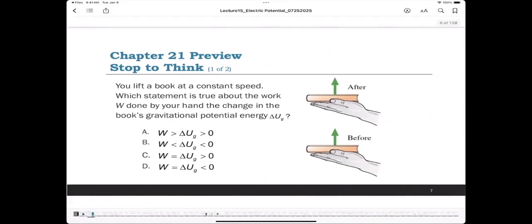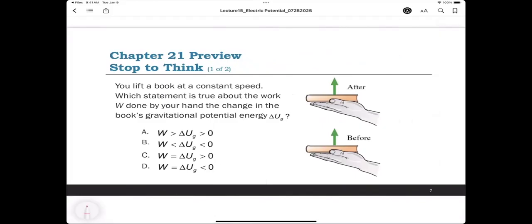Let's stop and think about this question. You lift a book at a constant speed. Pay attention, this is a constant speed, which means the net force is zero. Which statement is true about the work W done by your hand?